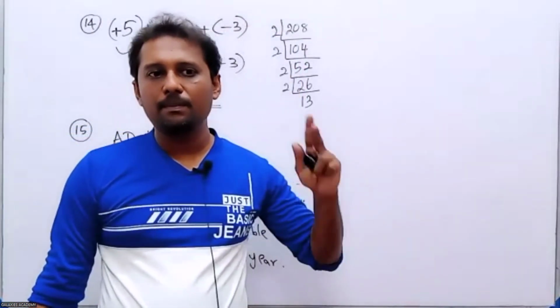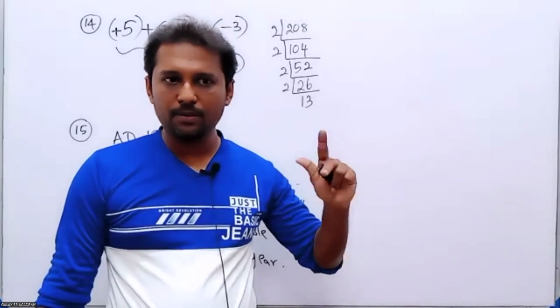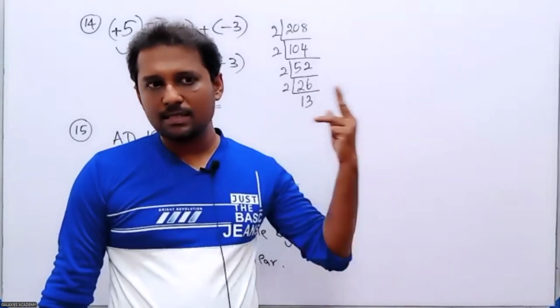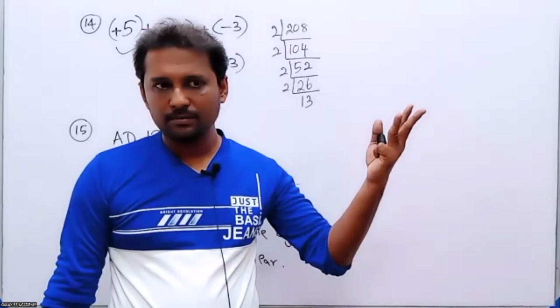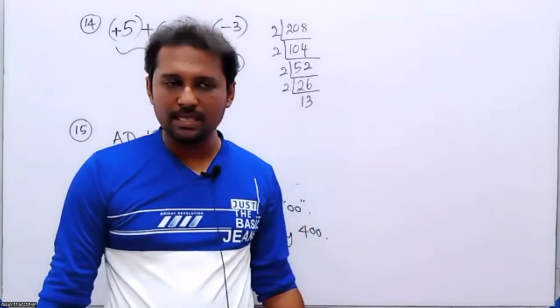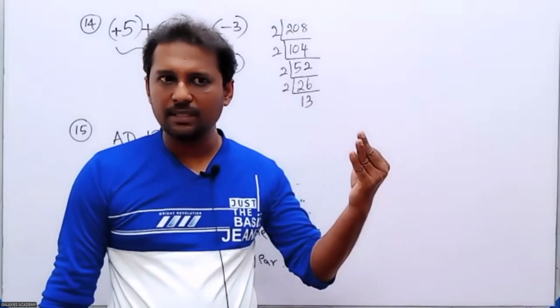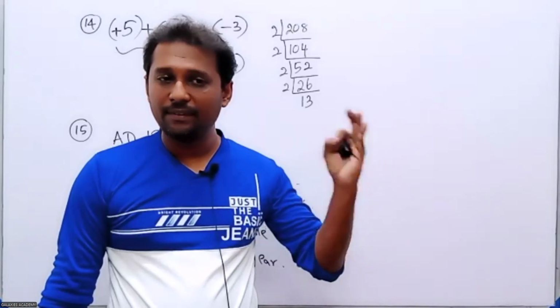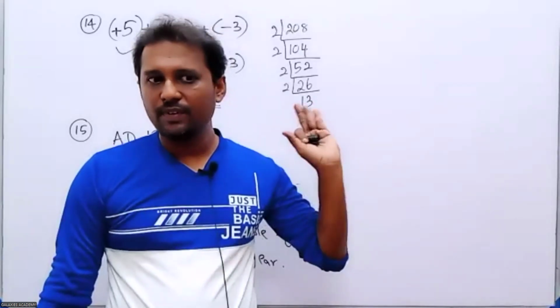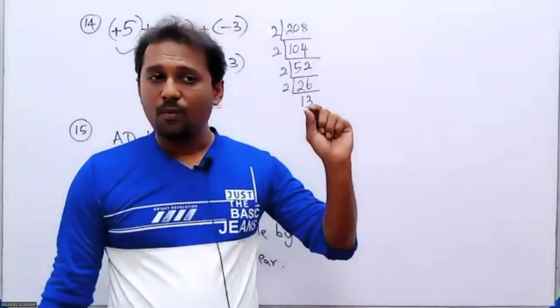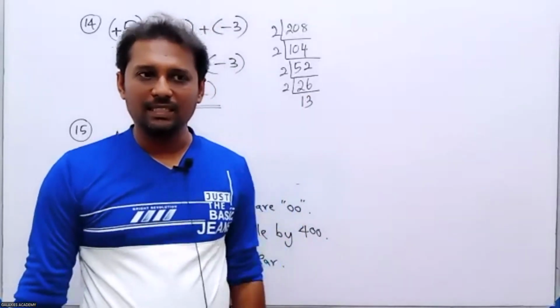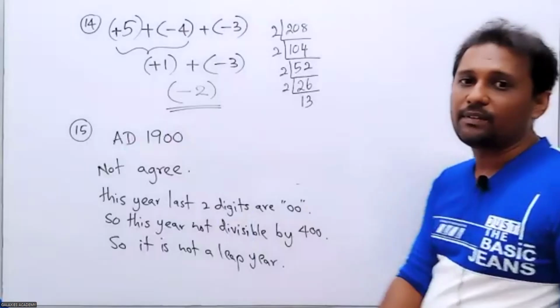Then the next prime number is 5. Can you divide by 5? No. What is the next prime number? 7. Also we can't divide by 7. What is the next prime number after 7? 11. Also we can't divide by 11, right? What's the next prime number? 13. Now you can divide by 13.